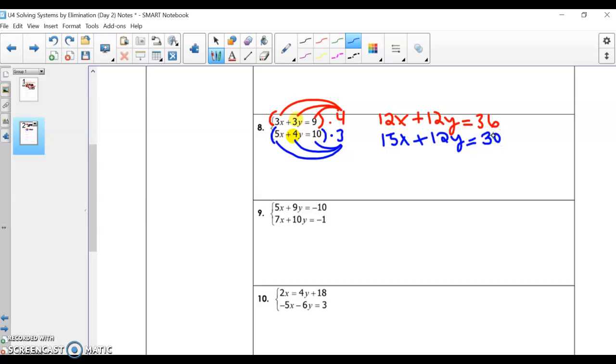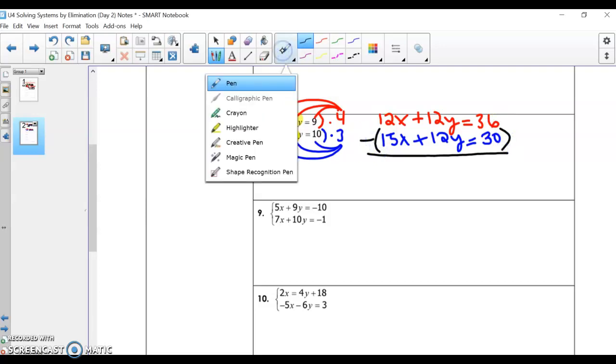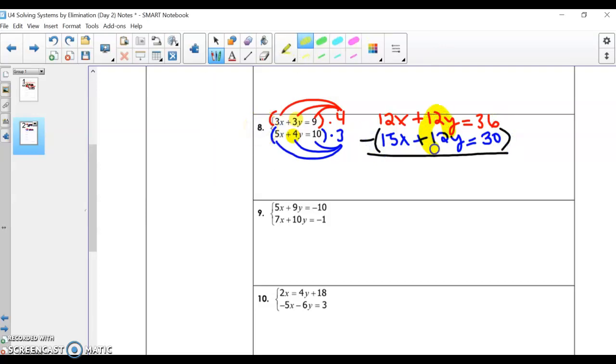Okay, so now we have to have the coefficients be opposites in order to eliminate them. So in this case, I'm going to multiply the bottom by a negative, because as you can see, I have 12s with the y's. I want those to be opposites so I can go ahead and eliminate them.